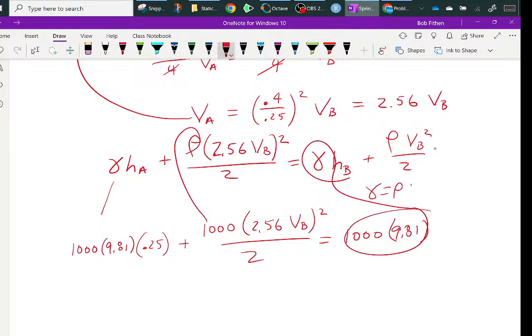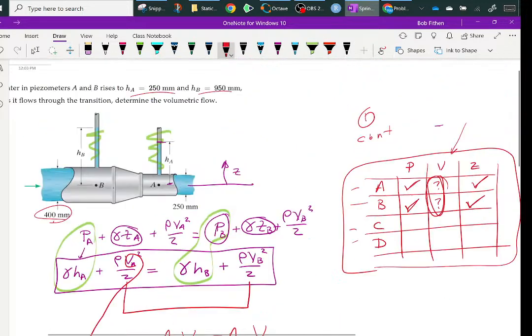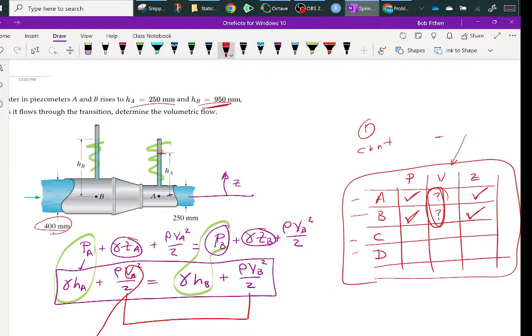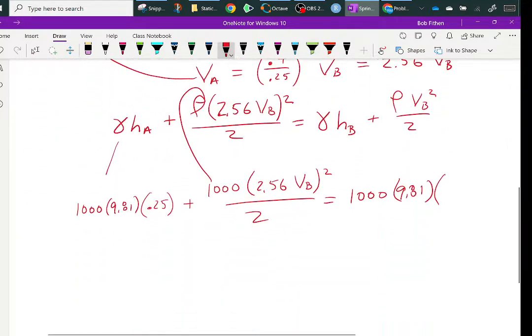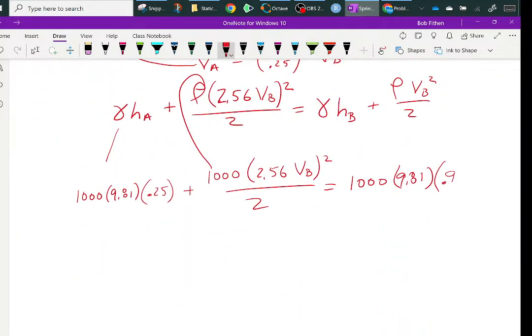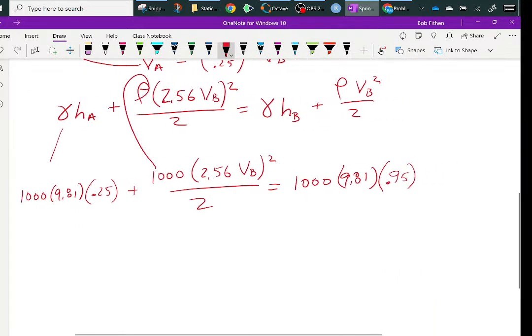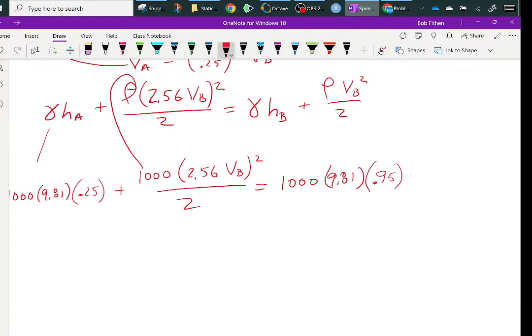Gamma is equal to rho times g. And then HB, which was 0.95, and then plus 1,000 times the VB squared over 2.